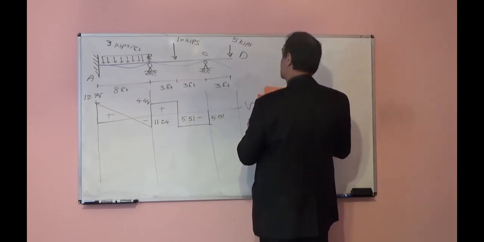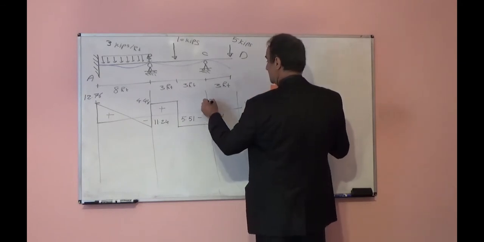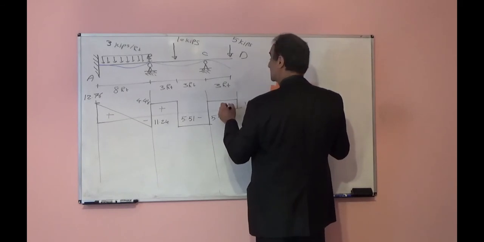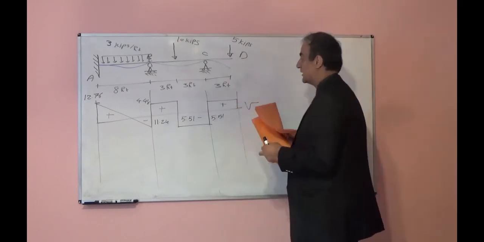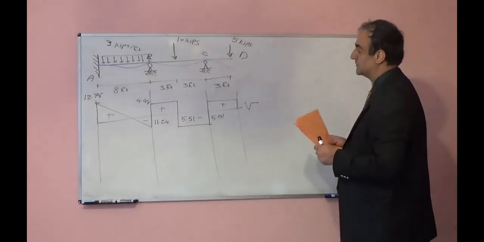Of course, if you find another side, you will go again 5 up, come 5 down, and you will close the diagram. This will be positive. This will be shear diagram for entire beam.